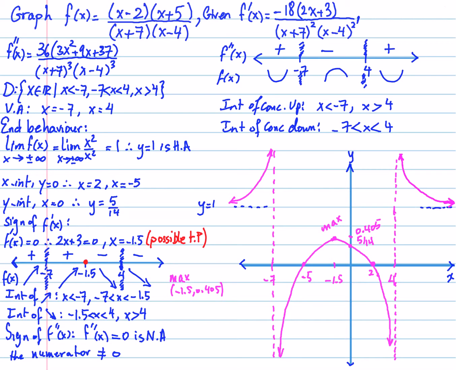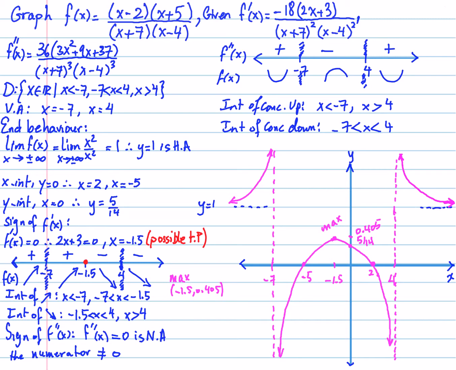So what that means is that there should be a change in sign before and after that root, and since there is a change in sign, there is a turning point here. Now we have to determine the first sign in the interval x less than negative 7.